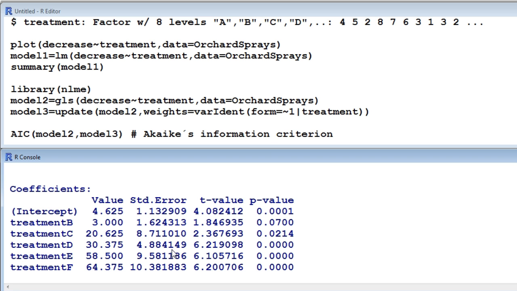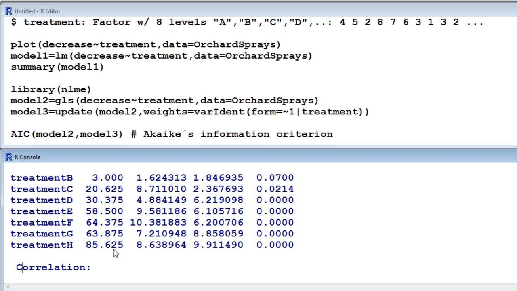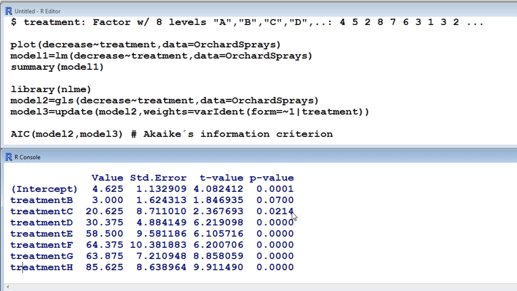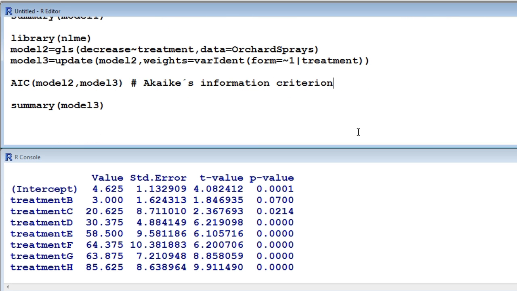And in particular, they are much higher for the treatments far back in the alphabet, E, F, G, H, and so on. And this affects, of course, the p-values we get in the end and also the t-values. So it's crucial for us to use models that incorporate variance functions whenever there is variance heterogeneity.